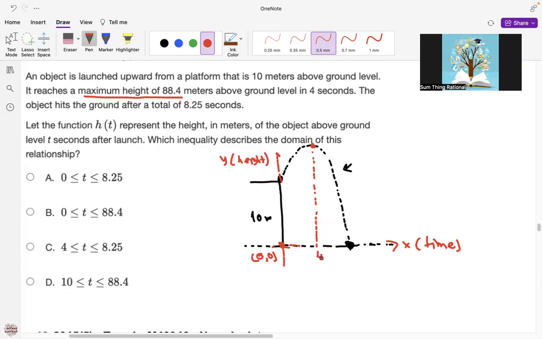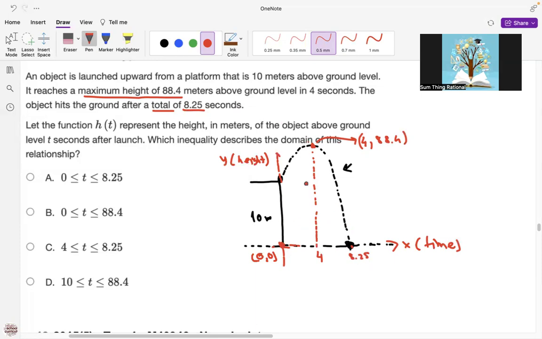So in 4 seconds, the object is reaching its maximum height, because the coordinates of this point are 4, comma 88.4. It says after 8.25 seconds in total, the object hits the ground. It means that this point is 0, this point is 4, and this point is 8.25 seconds, which means the object stays in the air 8.25 seconds.